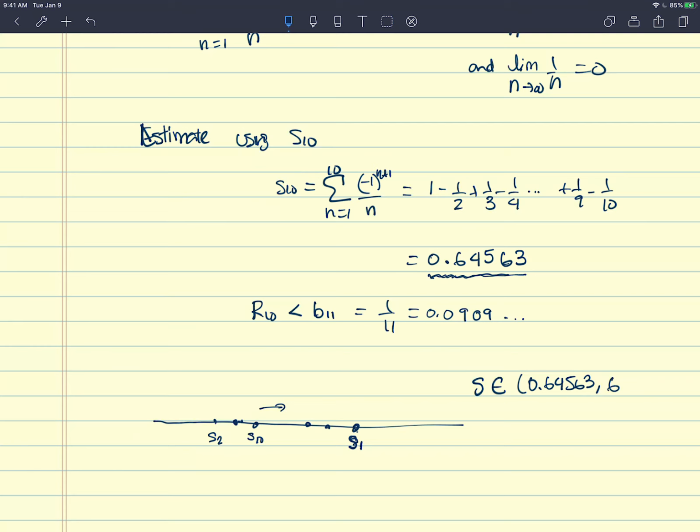So if you add 0.64563 plus 0.090909, it's not just this, you know that you're having this S10 as an underestimate, and you add this. So the real sum is somewhere here. Okay? So that's something to use with estimates of the remainders in this case.